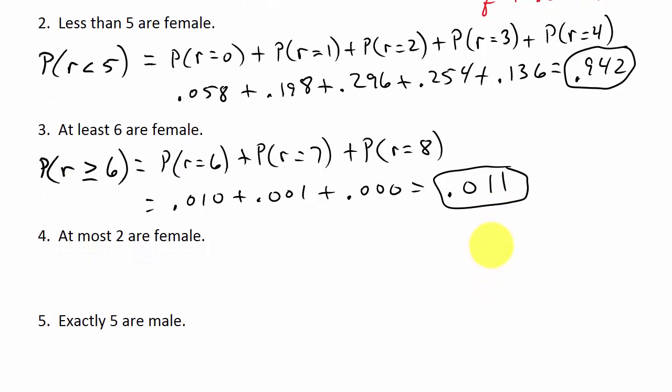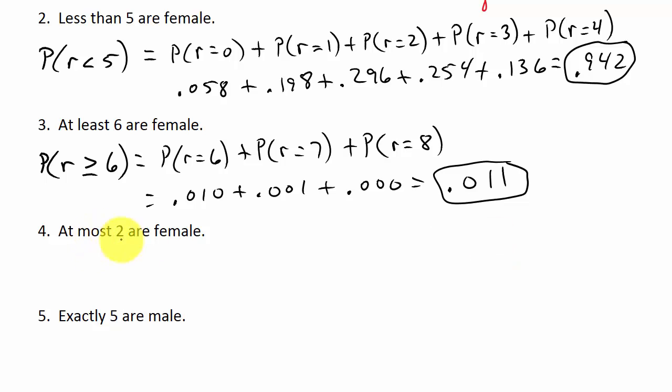All right, so let's look at the next one. At most 2 are female. At most 2. So that's either 0 or 1 or 2. Okay, the 2 is included here. So that's the probability that r is less than or equal to 2.